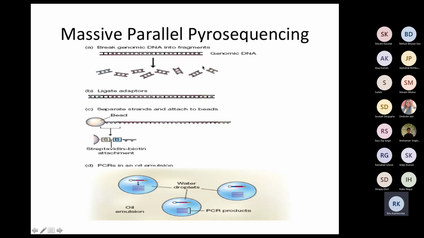So here the idea is, what if you want to sequence very large DNA fragments, let's say a genomic library. I'll come to genomic library sequencing later. But here also the idea is that let's say you have a 100 kb region.